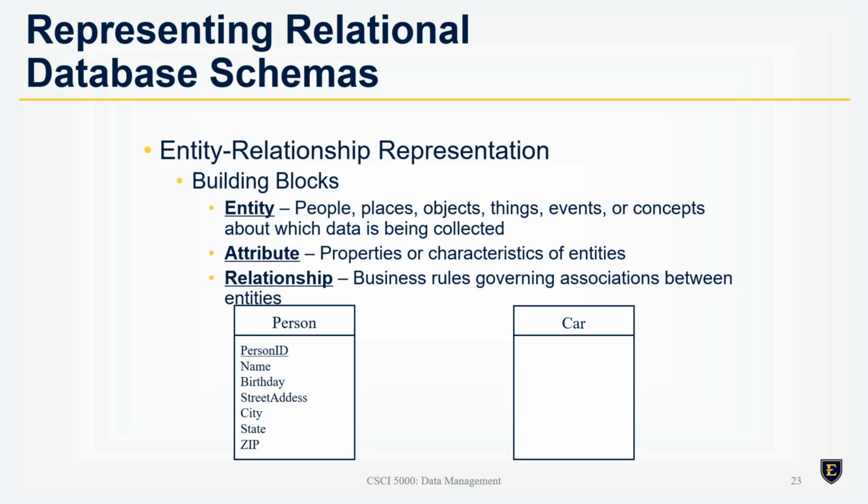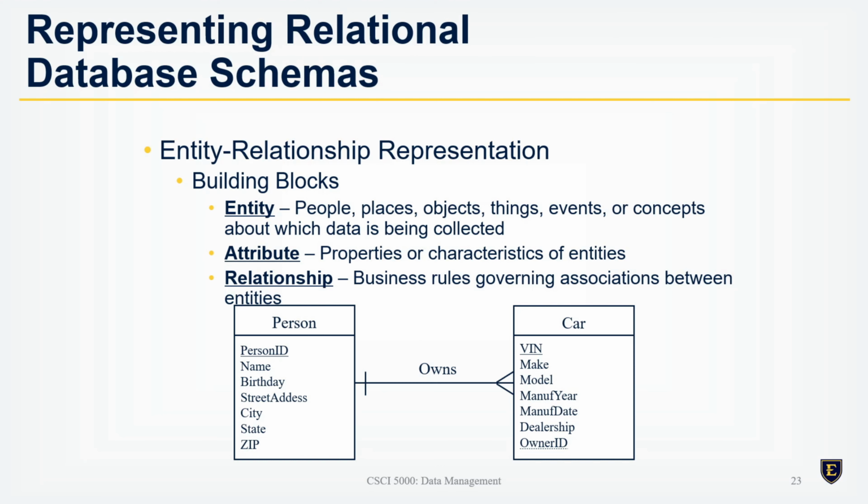Car has a set of attributes as well, and we can see that those are VIN, make, model, manufacturing year, manufacturing date, dealership, and the owner ID. The owner ID in this case is a reference to the person.